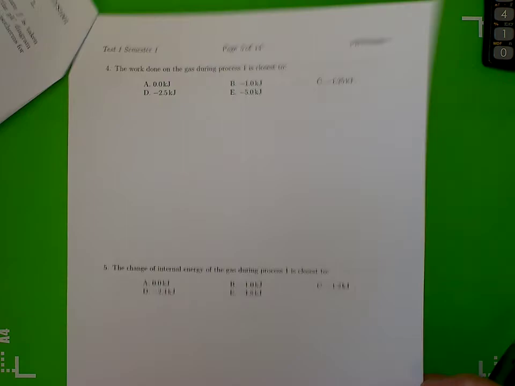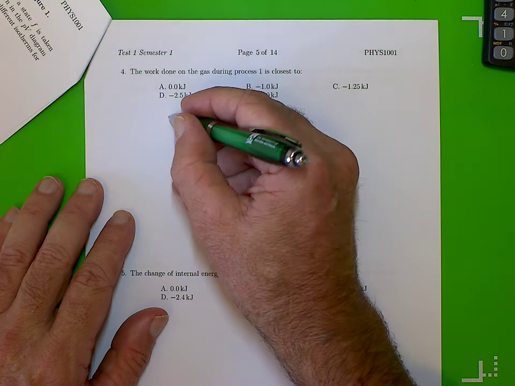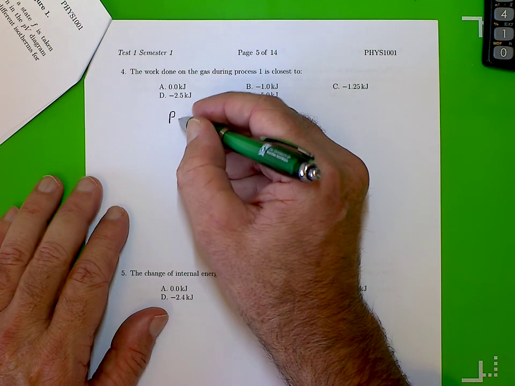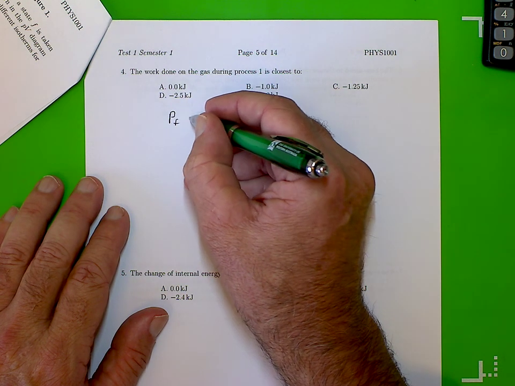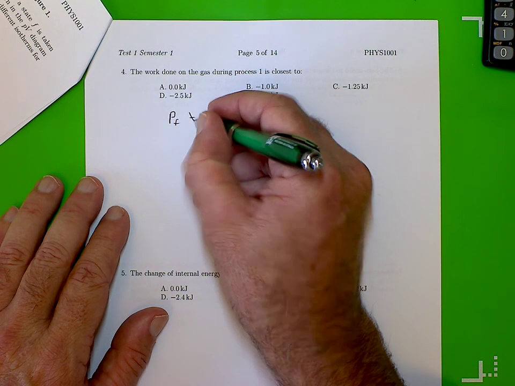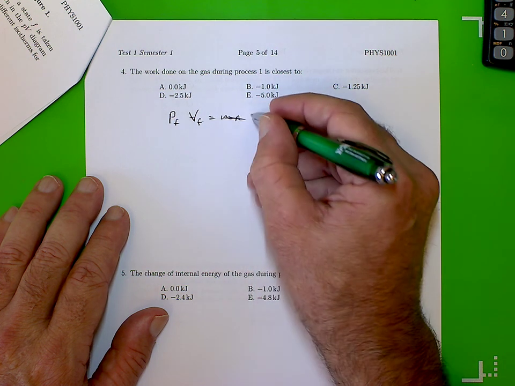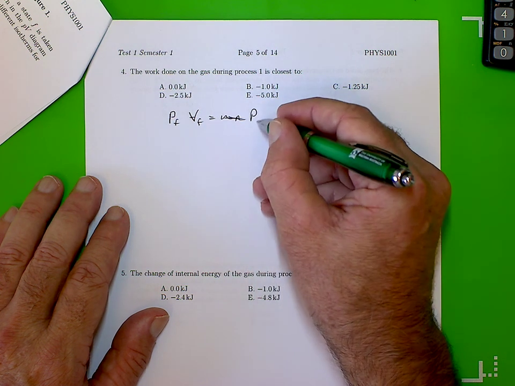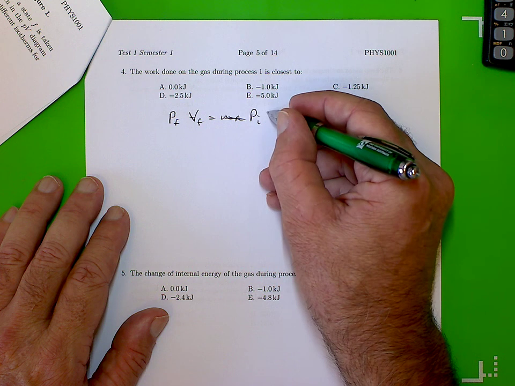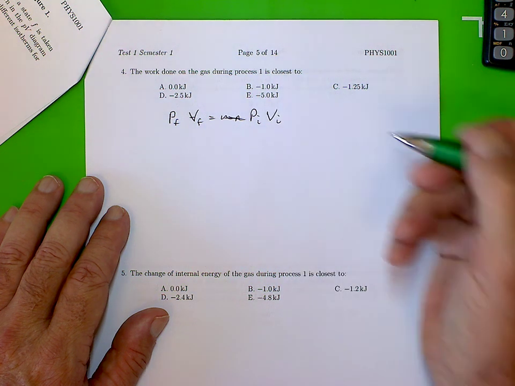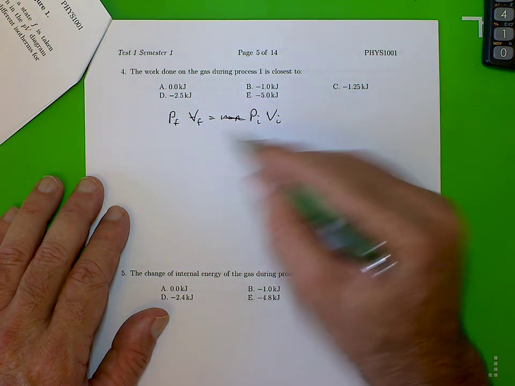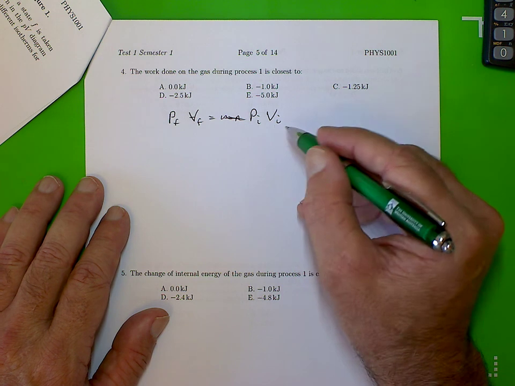So let's do that. PF times VF equals PI times VI, because they're the same temperature.